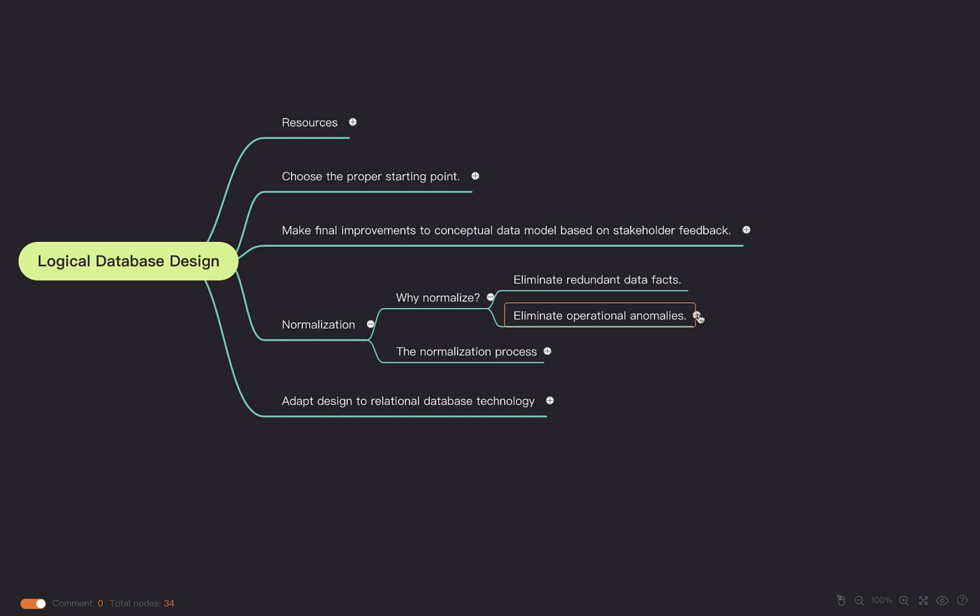So when we pick the technology for the data store, there are several to choose from. Far and away, the most ubiquitous of these is relational databases. Okay, so that's the kind of logical database design that we're talking about here.